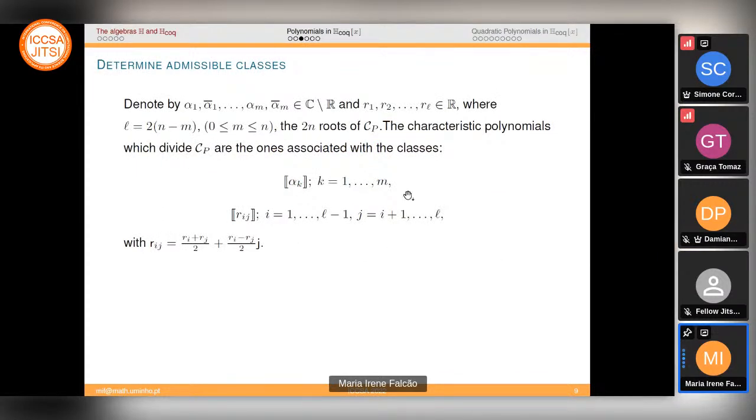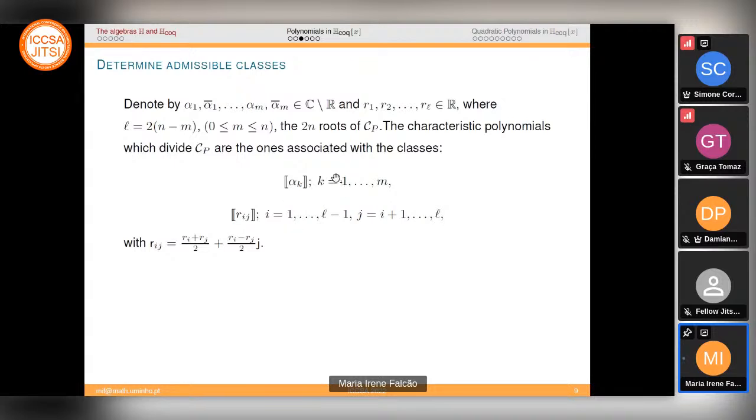So this is the way we can compute the admissible classes. It's just to construct the companion polynomial, compute the roots of the companion polynomial, and then using the results that I have already shown you, you get the admissible classes.